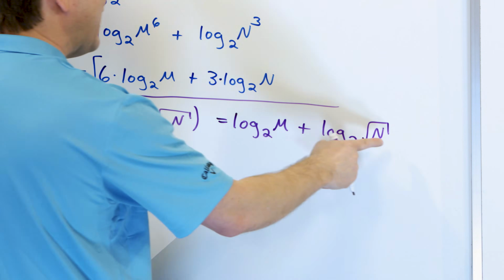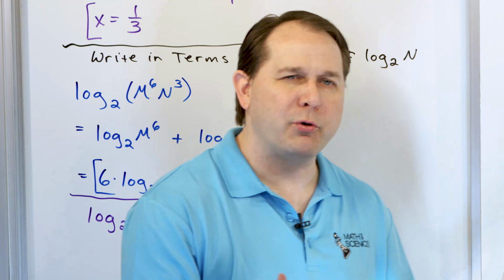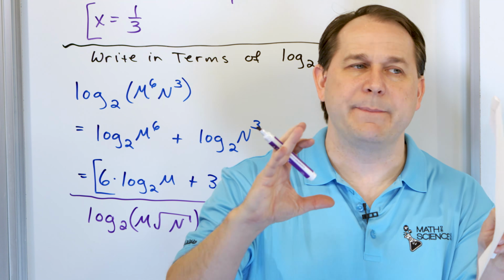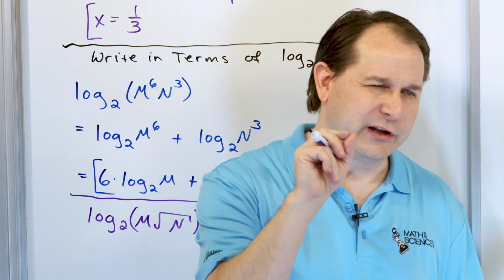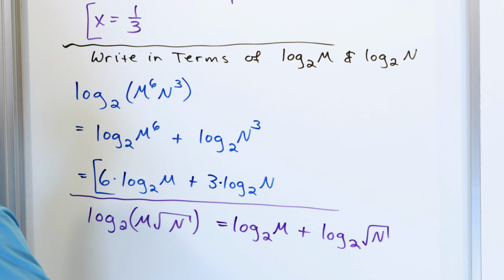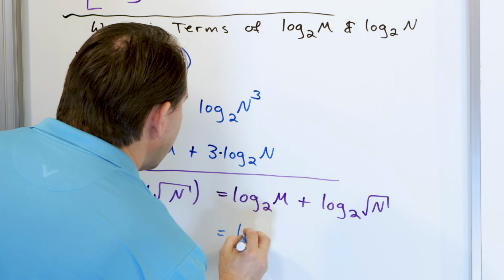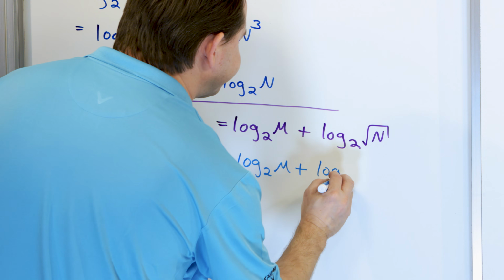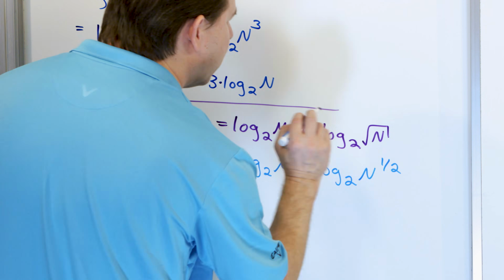Square root of n. Now, if you circled this on your paper, I probably would give you most credit because at this point you know how to apply the law of logarithms. You've recognized you're multiplying something, so you break it apart and make it addition of logarithms. That's fine. But there's a little bit more that you can do here because if you think about it, what this is really equal to is log base 2 of m plus log base 2. This radical can be written as n to the 1/2 power.